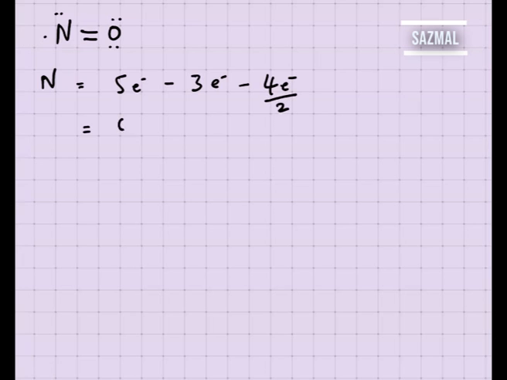So here the charge on nitrogen is 0. And for oxygen, the formal charge will be 6 valence electrons minus 4 non-bonding electrons minus 4 bonding electrons divided by 2, making the formal charge 0.